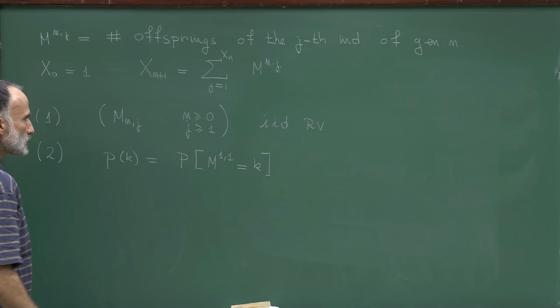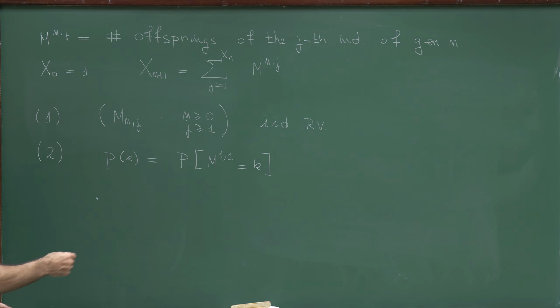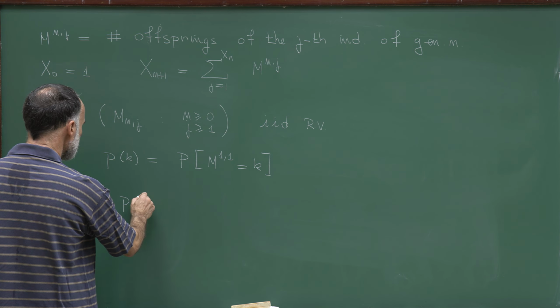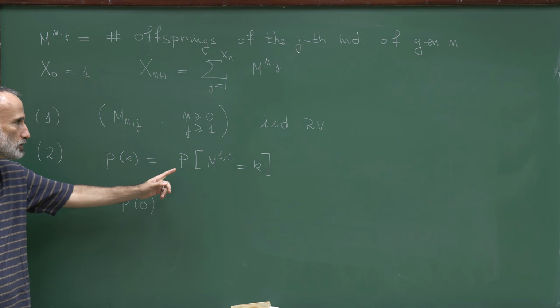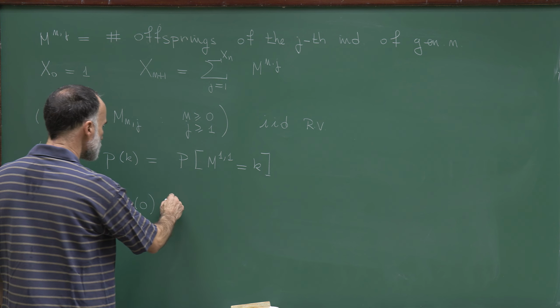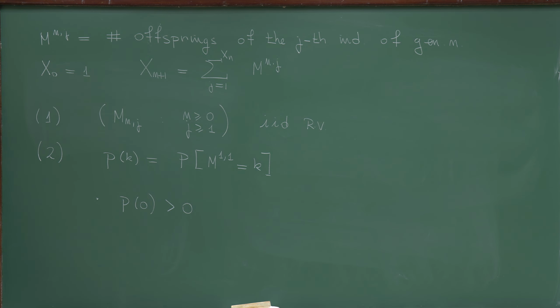So what are the assumptions on p? Well, first, I will assume that this population can decrease. In order for the population to decrease, I will assume that the probability that one individual has no offspring is strictly positive. So I'll assume that p_0 is strictly positive.